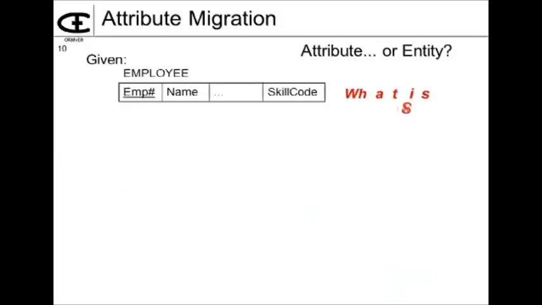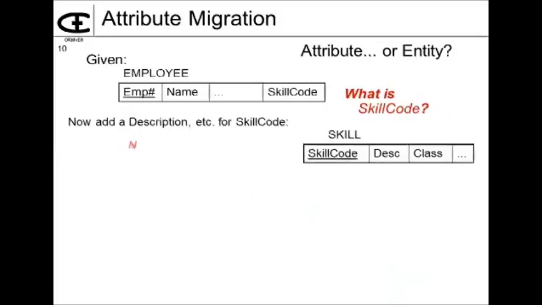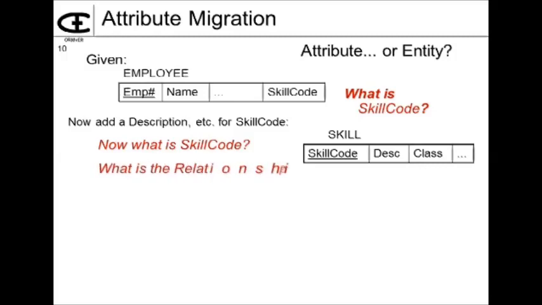Okay, we're partway through here. So, now what's skill code? Some people would say, oh, it was an attribute of employee, now it's an entity in its own right. No. All you've agreed is that there can be some orphans of it, or there's something else of interest, in this case description. So what's the relationship? There's a relationship between what and what?